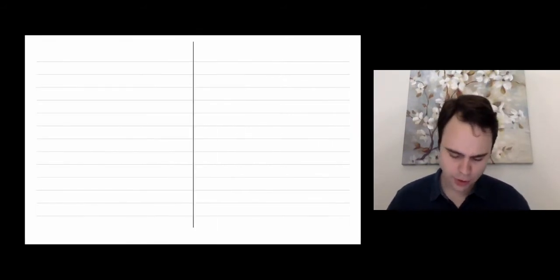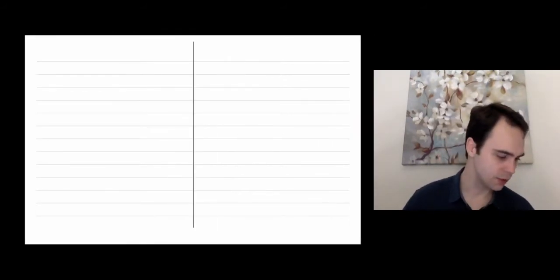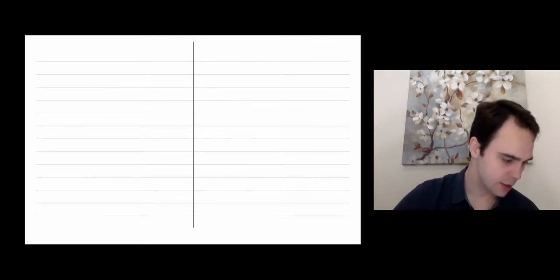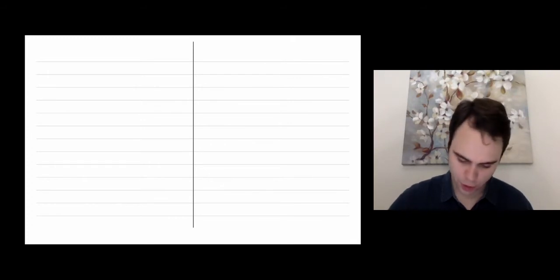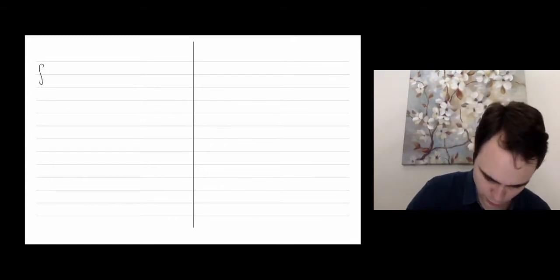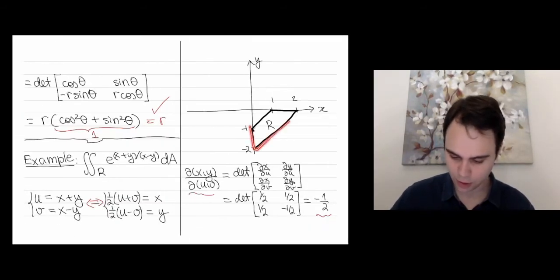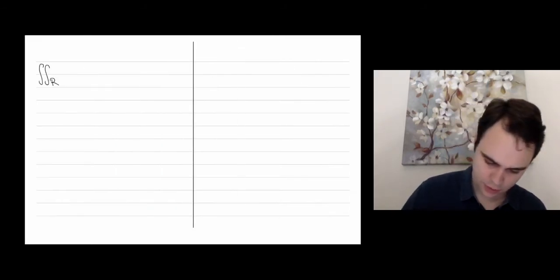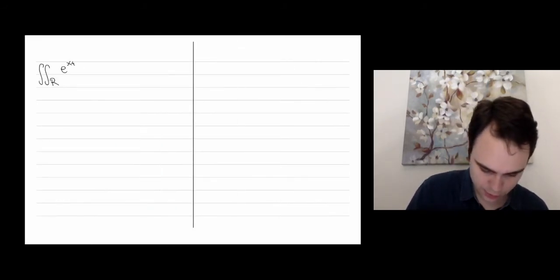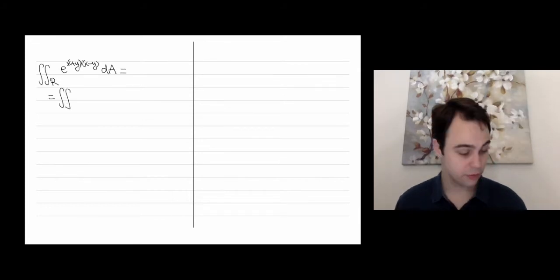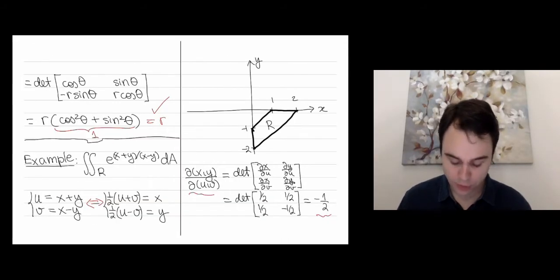Okay, so let's go on and start evaluating the integral. So here's what we already know, that the double integral over this shape R of the function e to the x plus y over x minus y with respect to dA is equal to a double integral in terms of u and v.